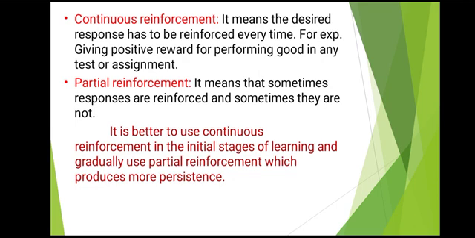First of all, in the initial days, I am going to use continuous reinforcement with positive or negative. After 10 or 12 days, now I can shift to partial reinforcement with positive or negative. Example: a child came to you and he has the habit of thumb sucking.